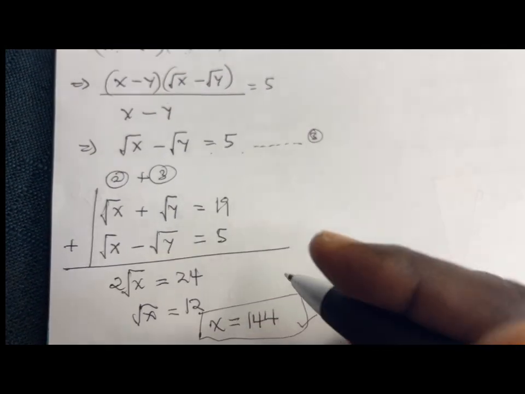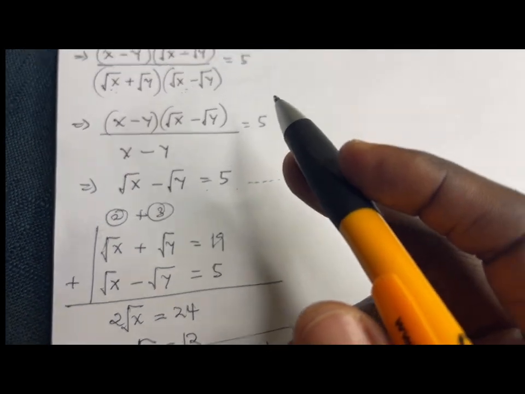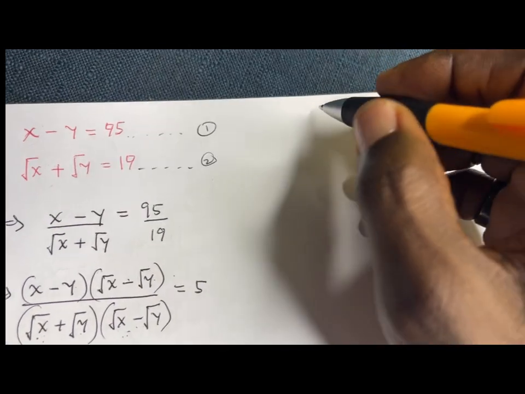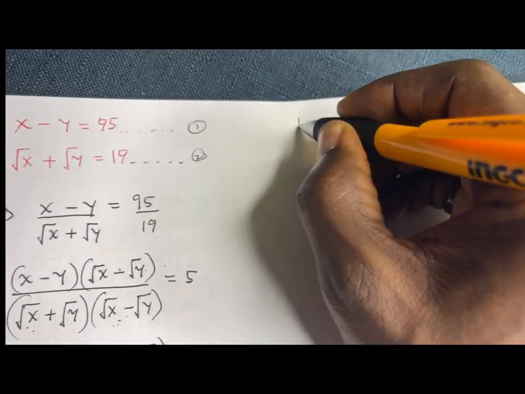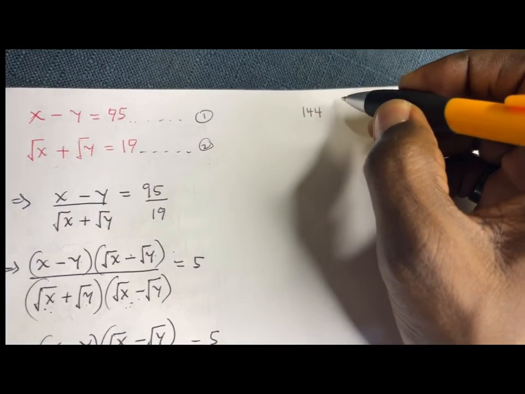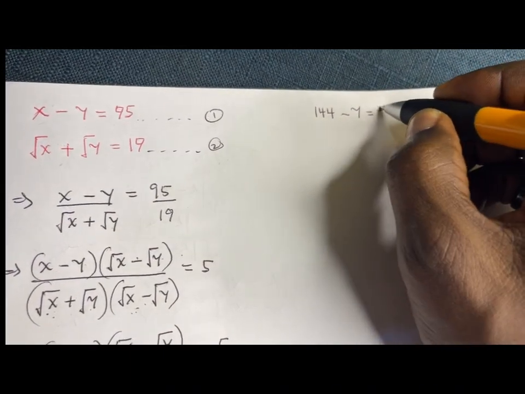We do the same thing for y. In solving for y, we take x, which is 144, and put it in equation 1: 144 minus y equals 95.